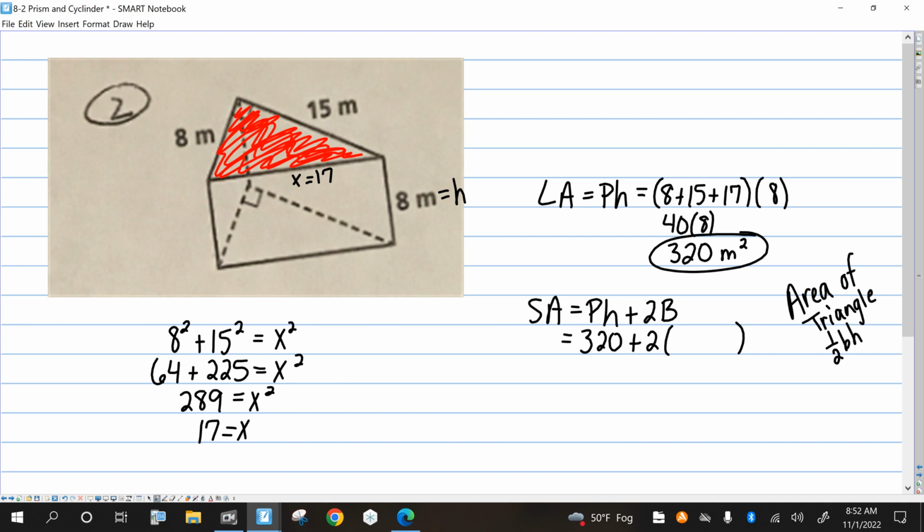Now, when you look at a right triangle, the base and the height will be the legs that make the right angle, because you need to kind of turn it and set it up. So when you look at a right triangle, your base and your height are the 2 legs. So what were the legs in my right triangle? 8 and 15. So it's 1/2 times 8 times 15. That would go in that spot for B, because it's the area of the base.